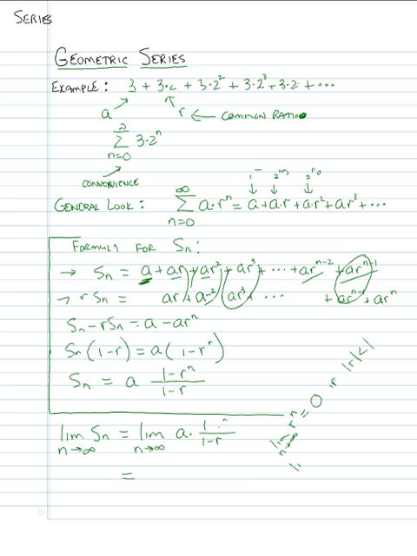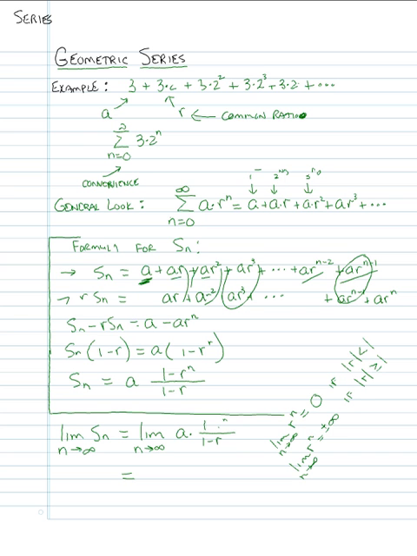And we saw that the limit of R to the N as N goes to infinity is plus or minus infinity if the absolute value of R is greater than or equal to 1. R could be negative, and that's when we would get a negative infinity.